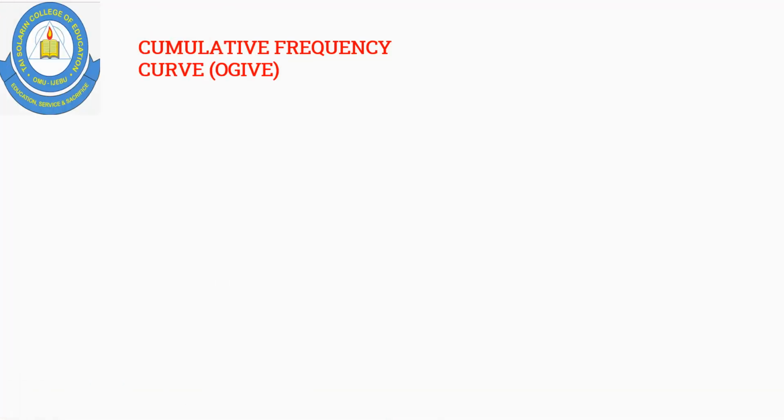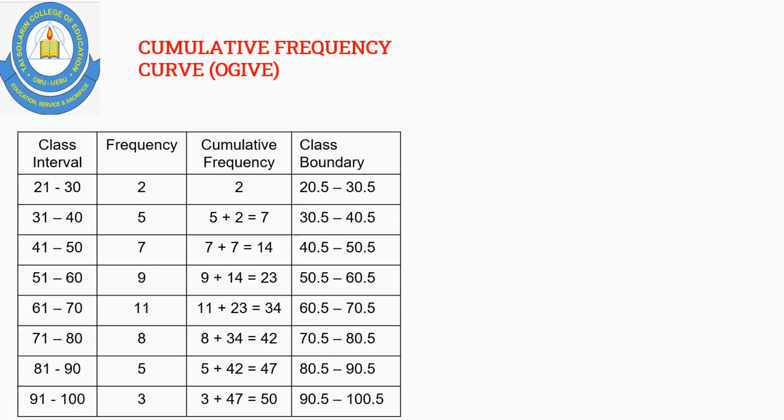Cumulative frequency curve. We can get this by plotting the corresponding upper class boundary of the class interval against the cumulative frequency. Let's look at the table. First of all, we generate the cumulative frequency table and the class boundary. We are now going to plot the class boundary against the cumulative frequency, using the upper class boundary.